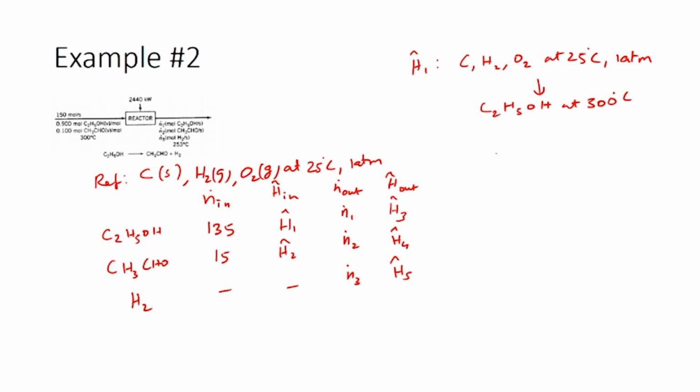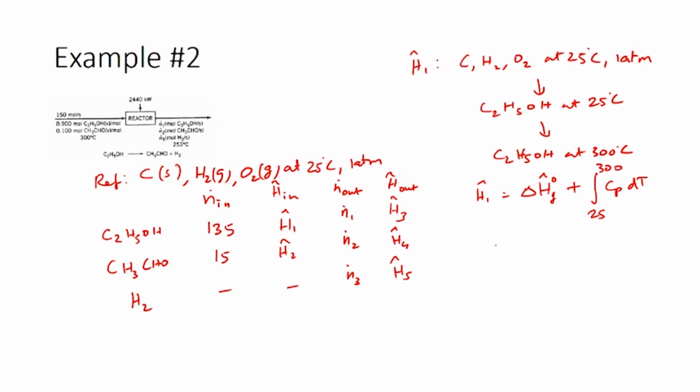So, you have this going to ethanol at 25 degrees Celsius and then going to ethanol at 300 degrees Celsius. From here you can calculate H1 cap: the first step is the heat of formation, so the standard heat of formation for ethanol can be used for the enthalpy of the first step, plus the integral of Cp of ethanol dT from 25 to 300 degrees Celsius.